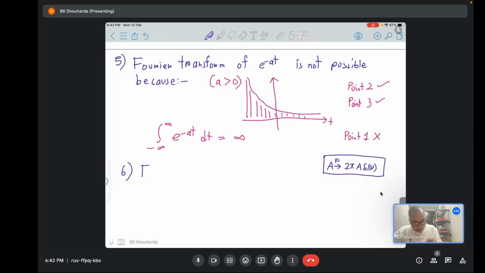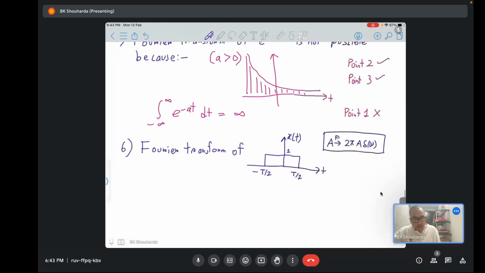Now we look at the Fourier transform of this signal, which starts from minus T by 2 and ends at T by 2, with an amplitude of 1.